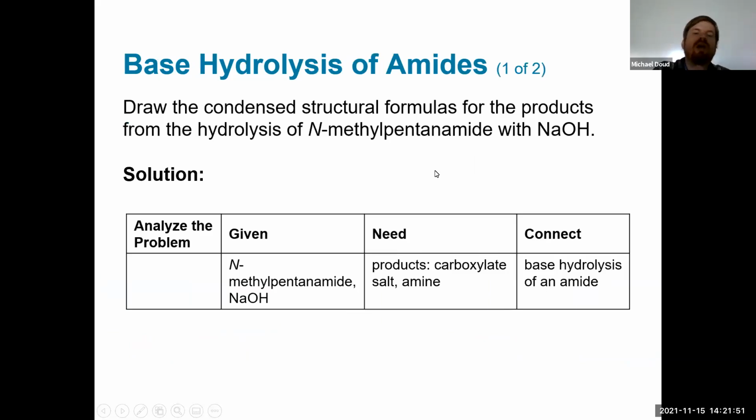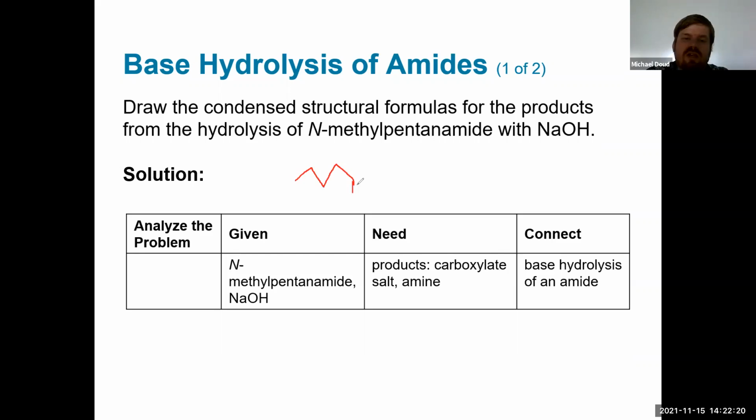Okay, let's go ahead and give it a shot. Why don't we try to draw the condensed structural formulas for the products from the hydrolysis of N-methylpentanamide with NaOH. I'll do this on the annotation here real quick. So N-methylpentanamide, how do we draw that compound? Well, we know it's a 5-carbon chain with an amide. So that becomes 1, 2, 3, 4, 5, and it's an amide at the end.